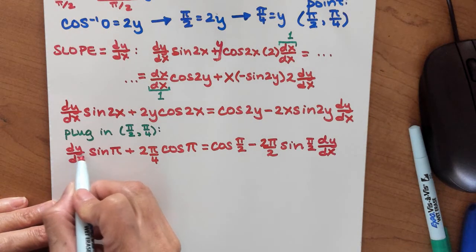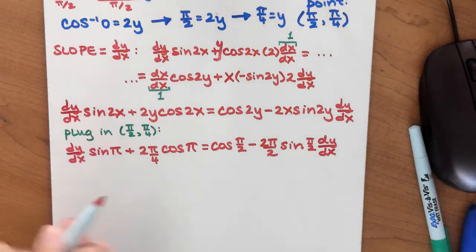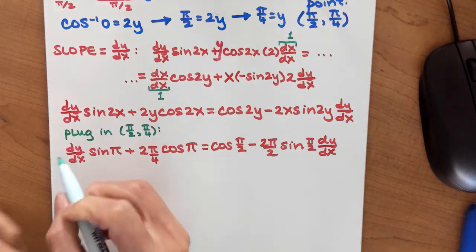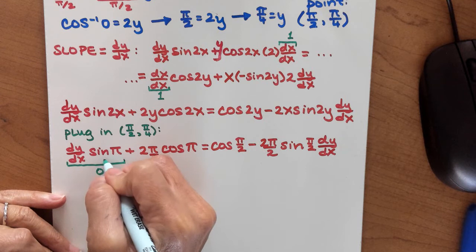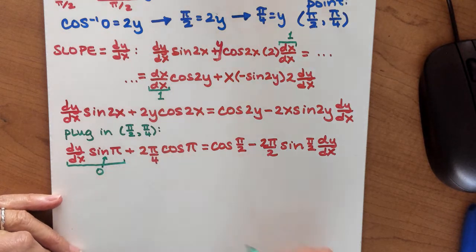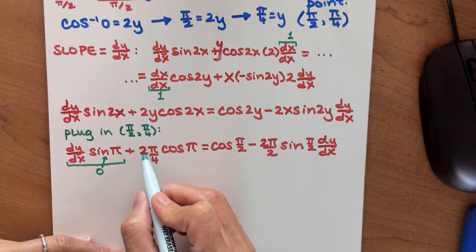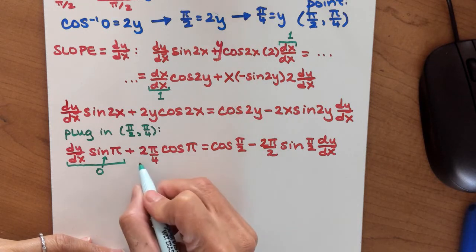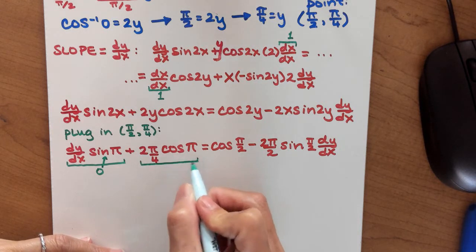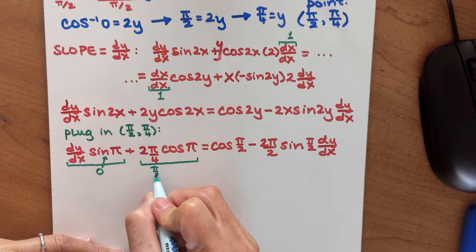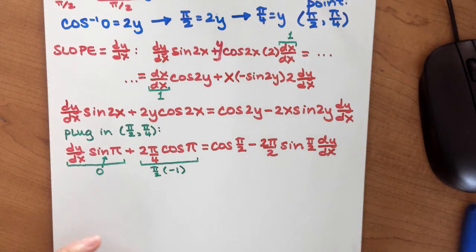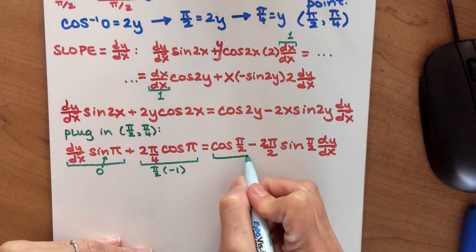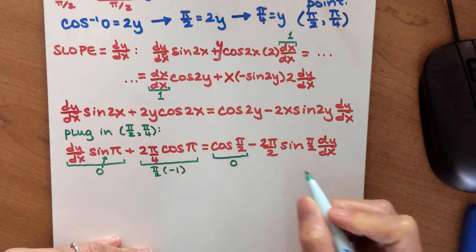Alright, let's go through and write that. See what we have? We have a 0. So this whole thing is 0. Because the sine of pi is 0. Then I have pi over 2 times negative 1. The cosine of pi over 2 is 0.